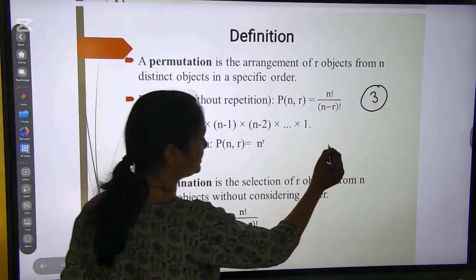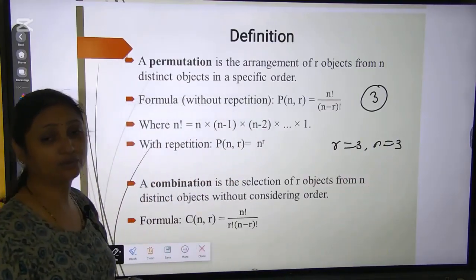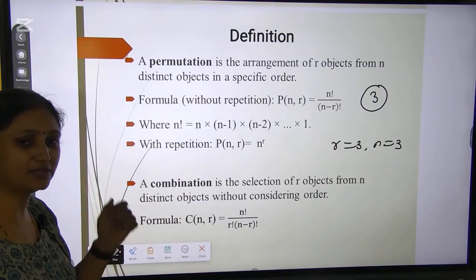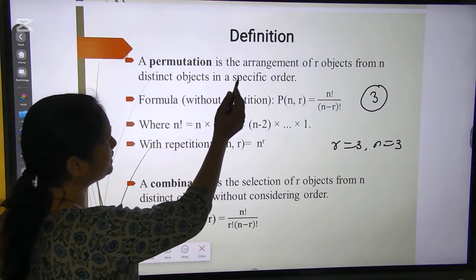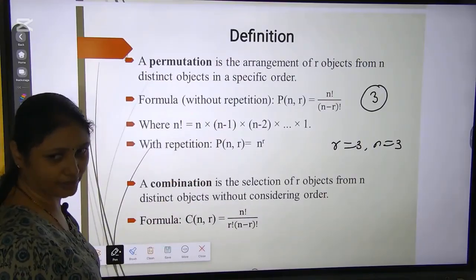So here r is 3 and n is also 3. So we have to arrange the 3 chairs out of the 3 chairs.